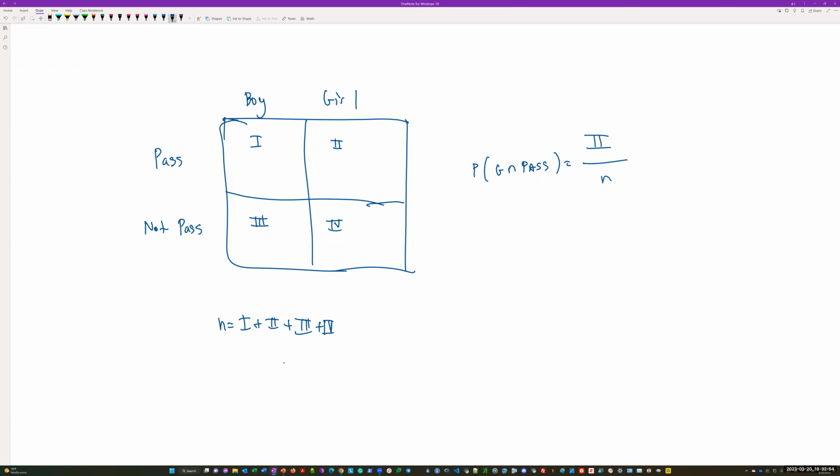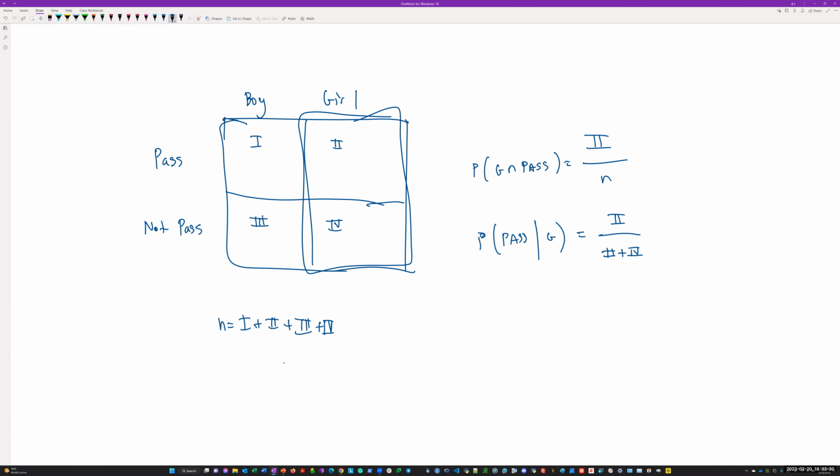Does that make sense? What's the chances that you're passing given the fact you're a girl, though? Given the fact you're a girl is just this part. So "and" and "given" are not the same. Given, you've changed the entire sample space. And "and" means out of the whole thing.